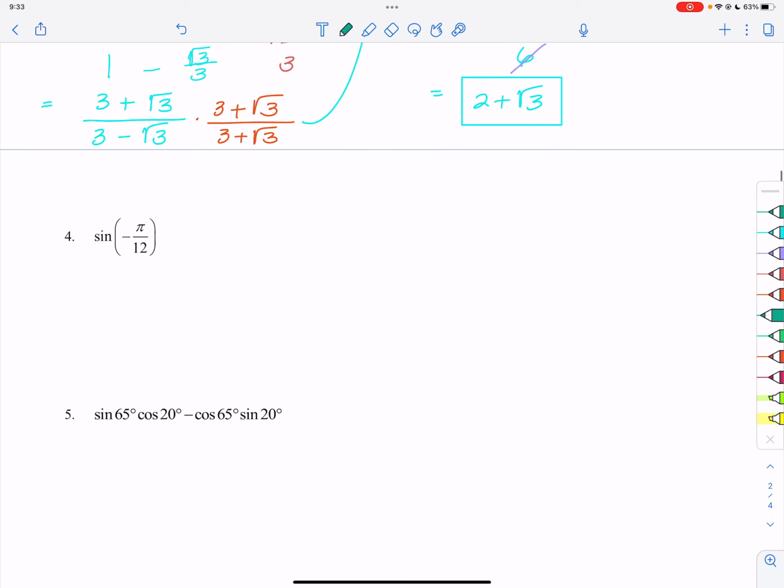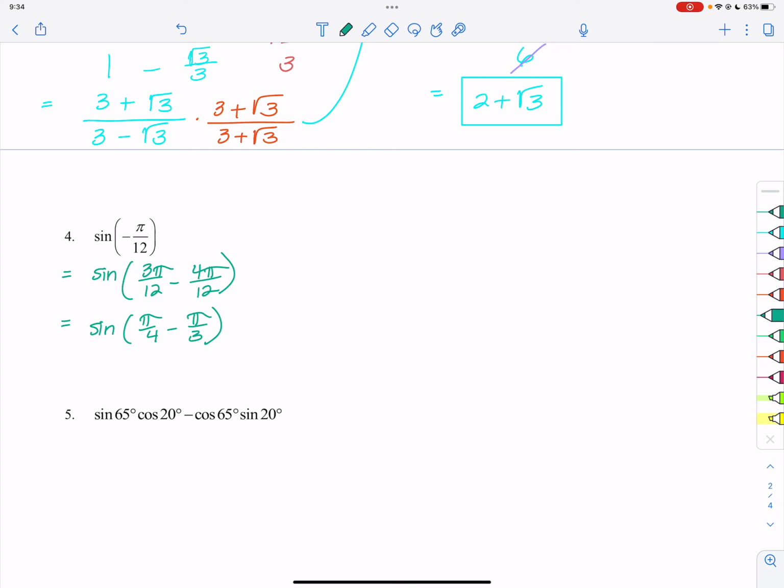So here we have the sine, and we said we would take 3 pi over 12 and subtract 4 pi over 12. And that would give us that negative pi over 12. Now, we can simplify that to the sine of pi over 4 minus pi over 3.